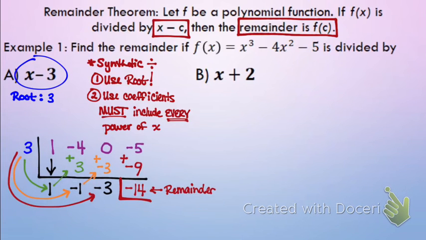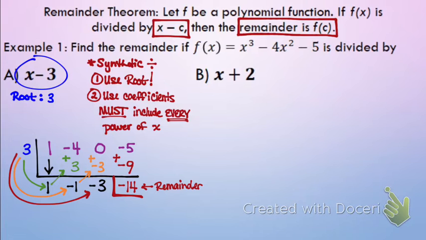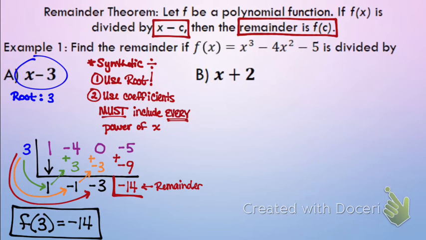So what this tells me, using my remainder theorem, is that f of 3 would evaluate to be negative 14. That is what's stated up above in my remainder theorem. The remainder is f of c. I want to check that to see if it's really true.